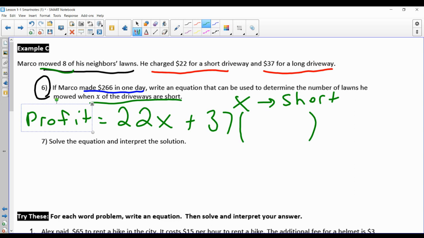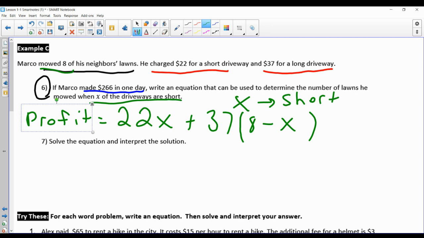And here's how we got to think about this. He mowed 8 total driveways. So any driveway that wasn't short has to be a long driveway. So I'm going to take 8 minus X.